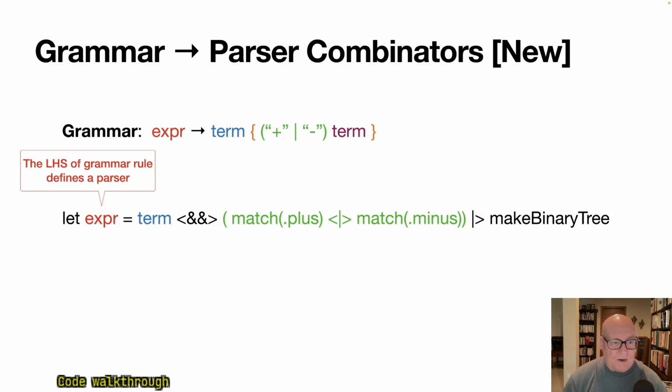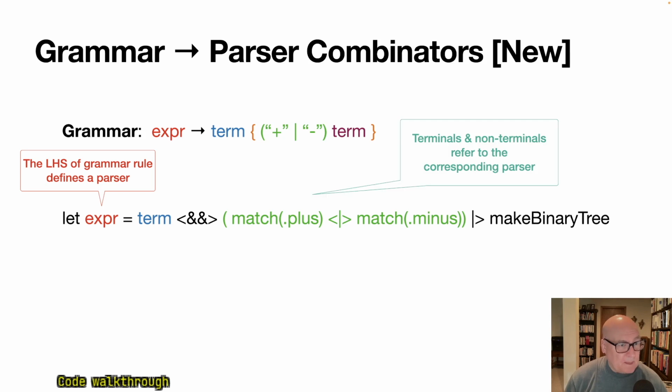So we're assigning a parser. The terminals and non-terminals refer to other parsers. So term is a parser. Every left-hand side has to become a parser at some point. And then the plus or minus, we have a match function that is a parser that matches a plus sign, or a parser that matches a minus sign. Okay, so all those are referenced.